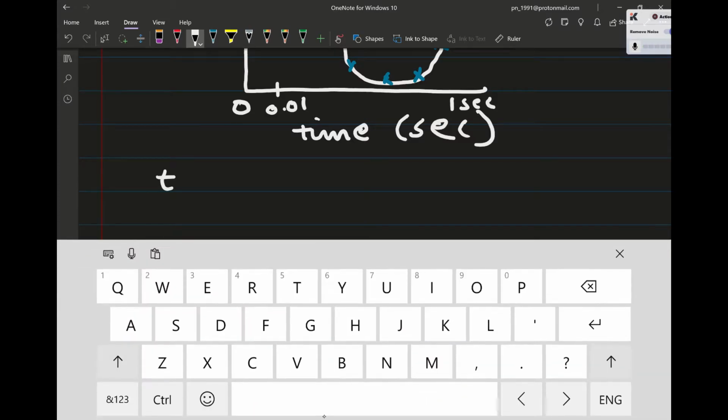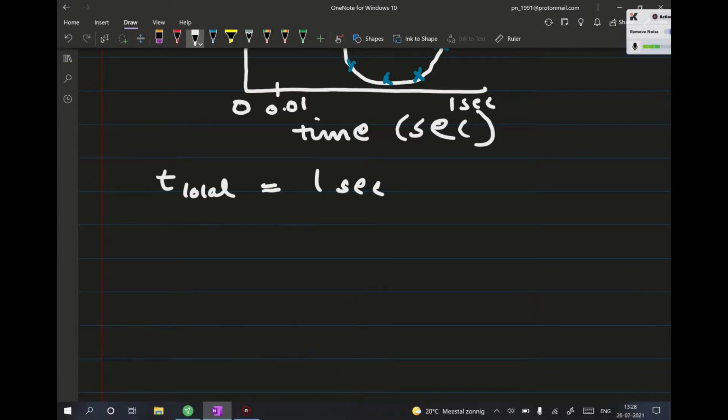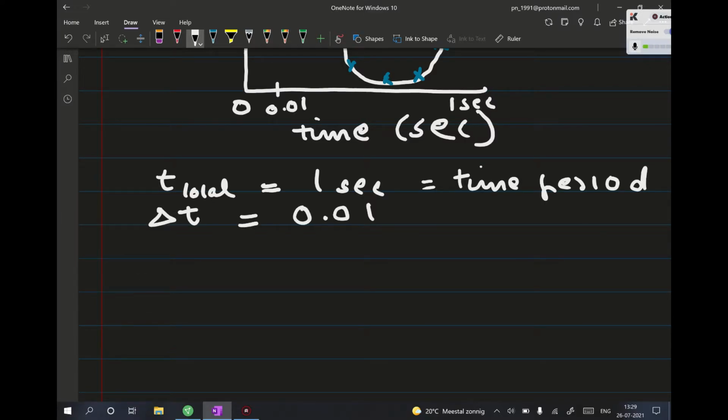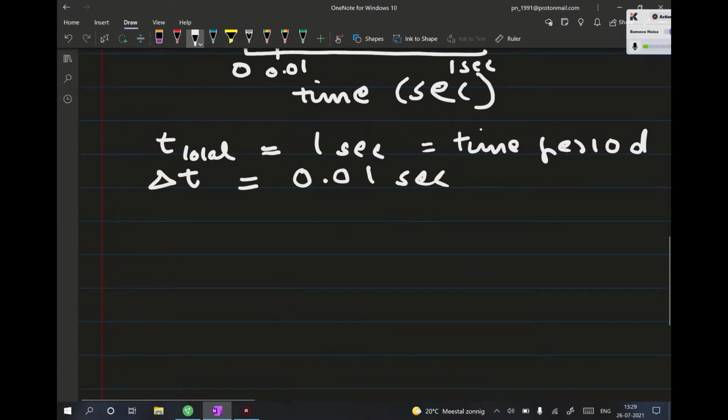So total t is 1 second, and for this case, it is the same as the time period of the input signal. Then delta t is 0.01 second, which is the time interval of the discrete data we are recording.